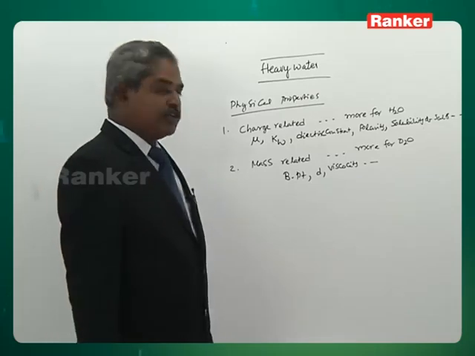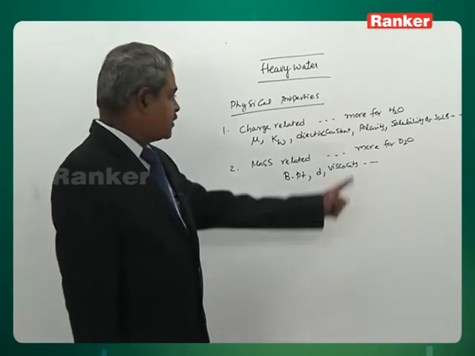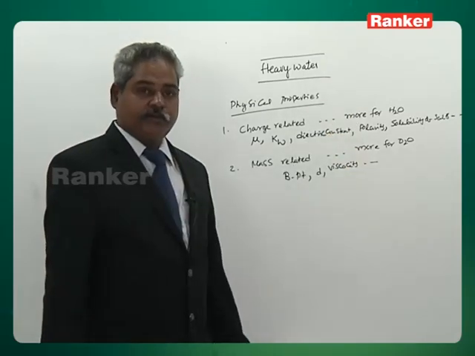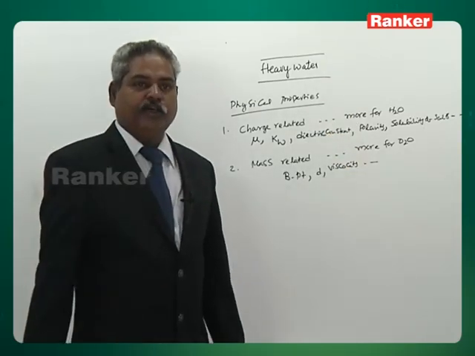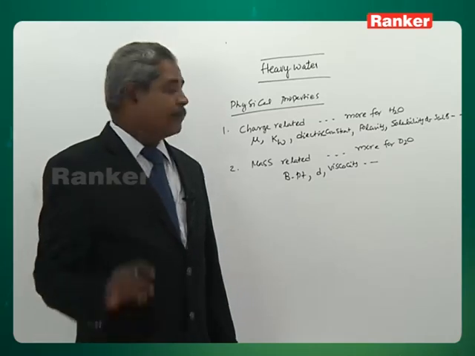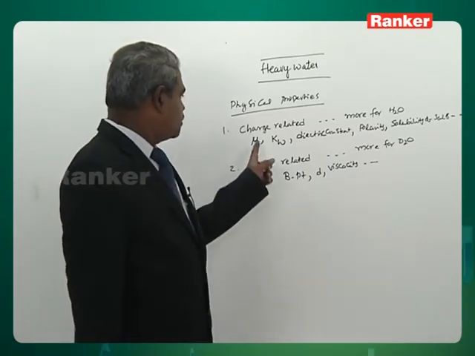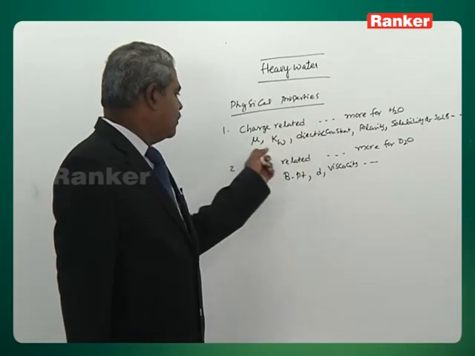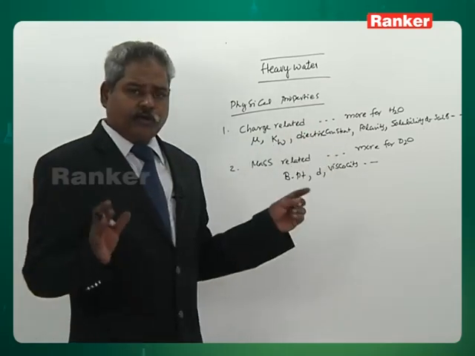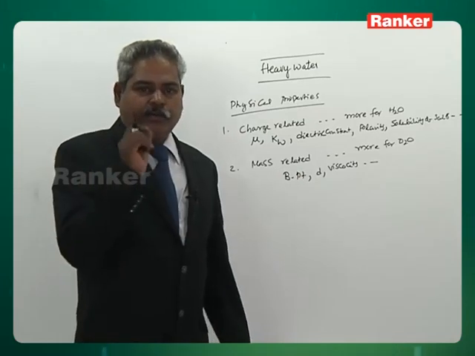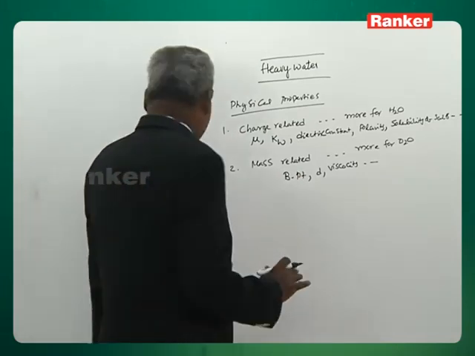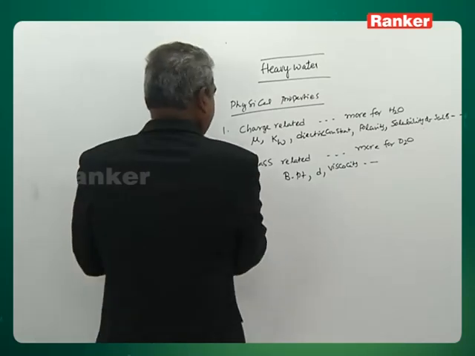And temperature of maximum density: H2O has a maximum density at 4 degrees, whereas D2O has a maximum density at 11.2 degrees. So, charge related properties are more for H2O; mass related properties you have to learn broadly, otherwise you can't remember each and everything. Very simple. Charge related: dipole moment, polarity, dielectric constant.